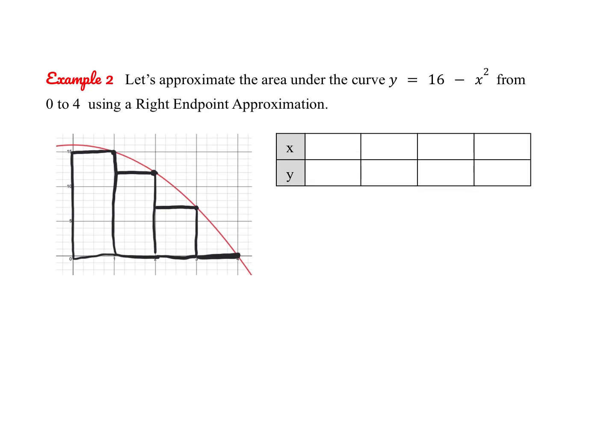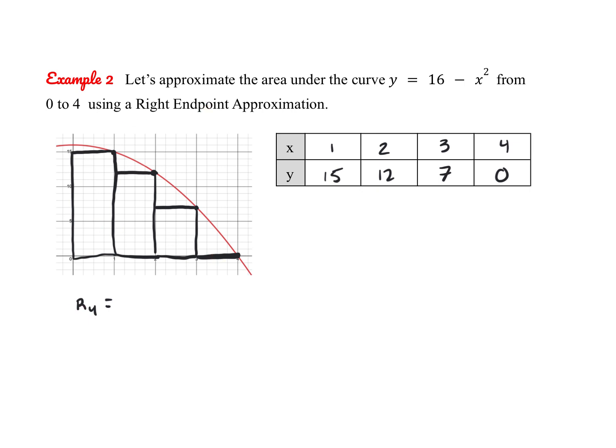So now we're going to find those heights again. The first rectangle's height is when x is 1, so we know that's 15. And then we have 2, 12, 3, 7, and then 4, 0. So we can denote this one with R4, again, because it's a right endpoint approximation and there are 4 rectangles.